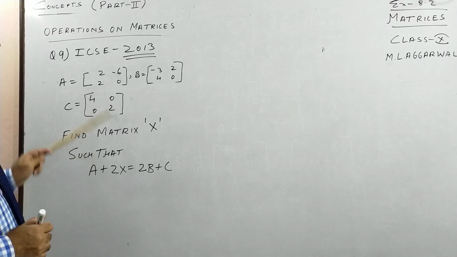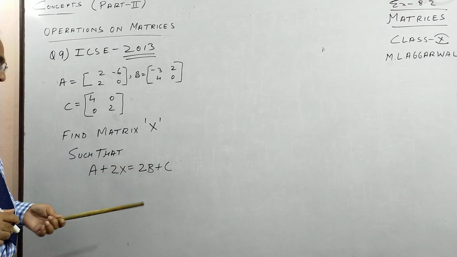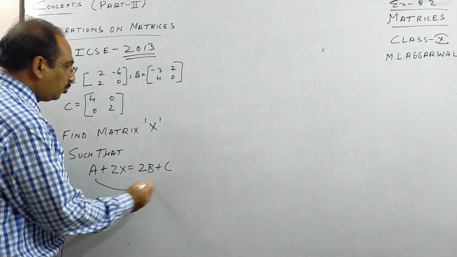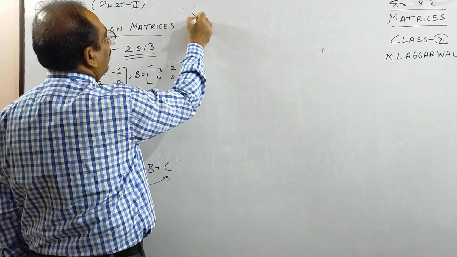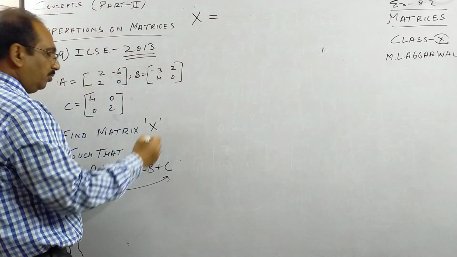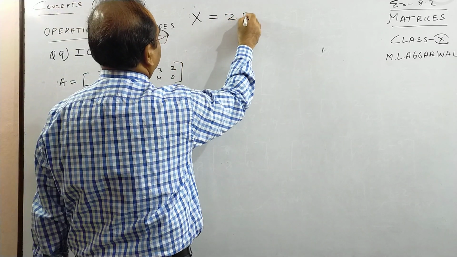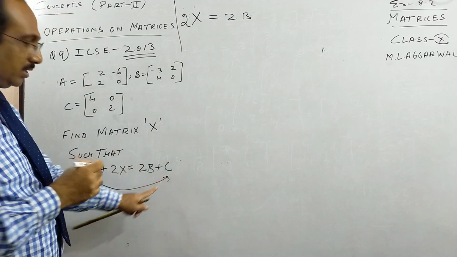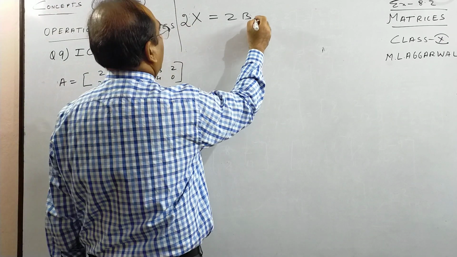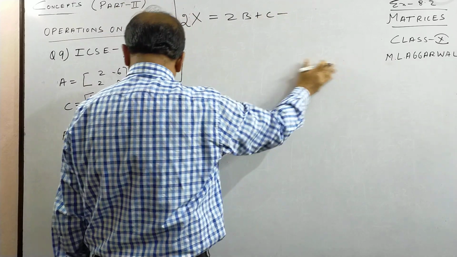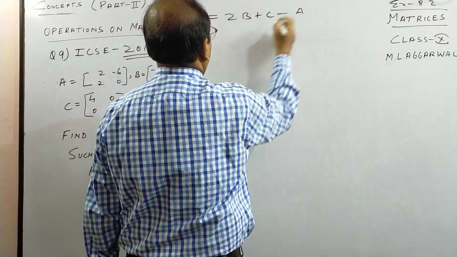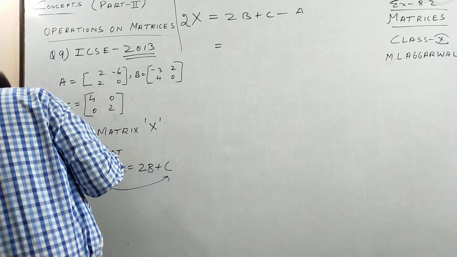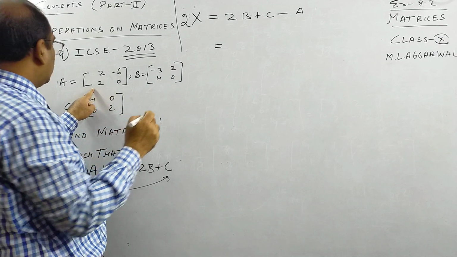questions. So here we go, like the previous question, we have to find x. So what we do, we transpose A to the other side. To find x, we get 2x, twice x, is 2B plus C, and A goes to the other side. And second thing, children, whenever you copy, please be very careful.